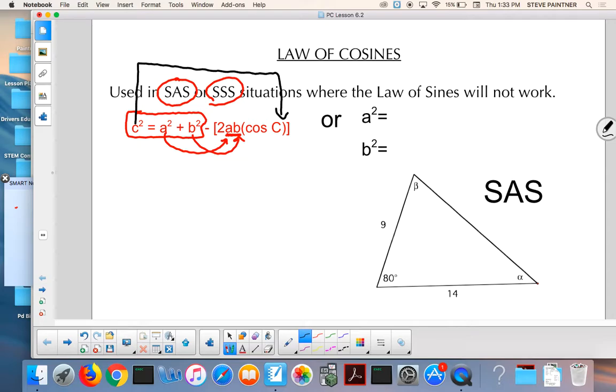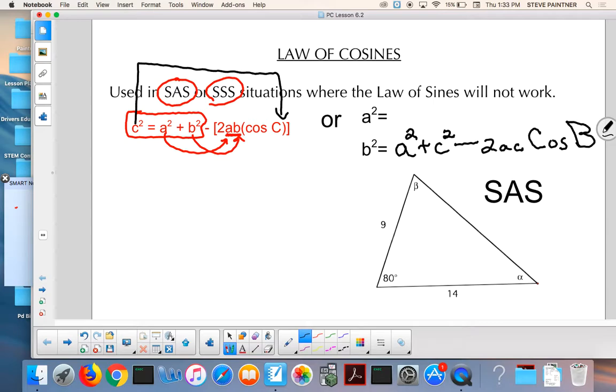Then b squared equals the other two sides: a squared plus c squared, minus 2ac, those two sides multiplied by 2, times cosine of big B, angle B.